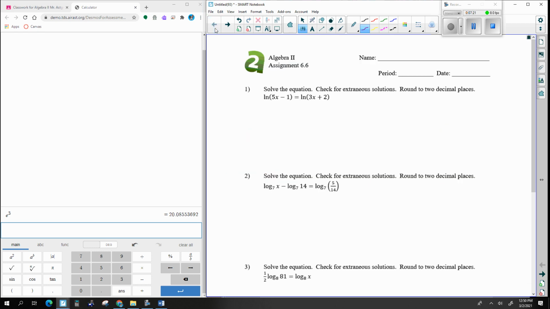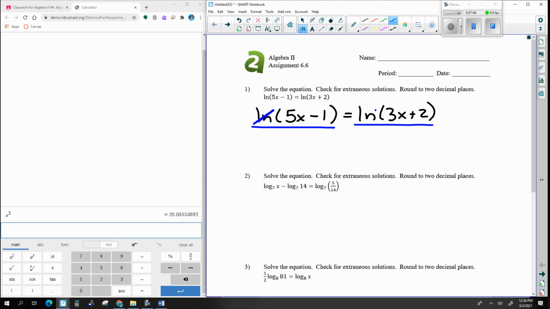Okay, let's take a look at our problems. Solve the equation. What I notice in this problem is I have a singular log all in on each side, no outside funny business.